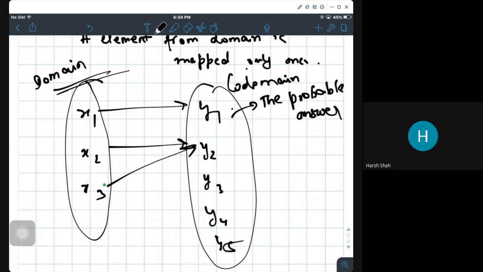Okay. Now what the one-one theory says is that each element in my domain is mapped to a unique y in my codomain. So that means I don't have a repetition here. I have something like this or like this, but there is no repetition anywhere.